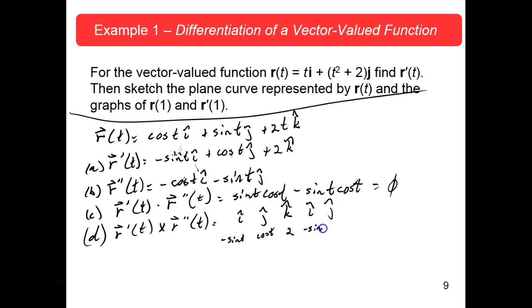Minus sine T cosine T. Okay, what goes next? Negative cosine T, negative sine T, 0, negative cosine T, negative sine T. Sorry, my writing's getting worse as time goes on.